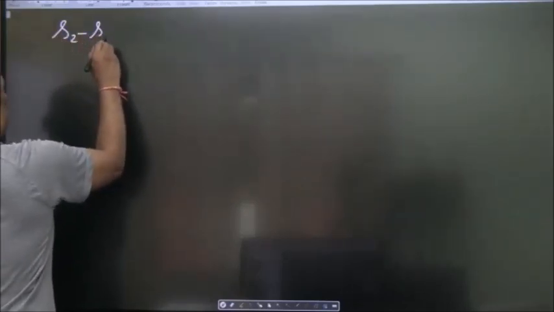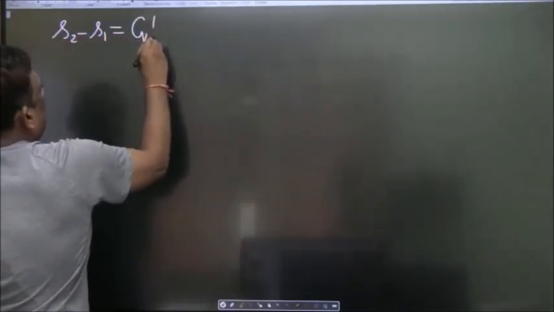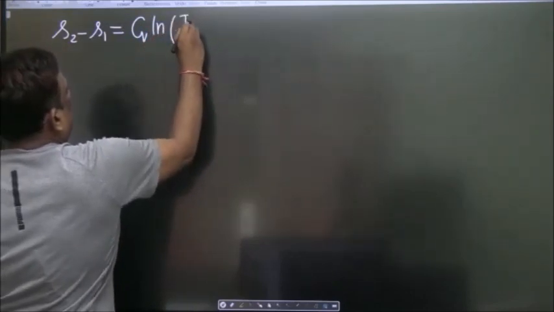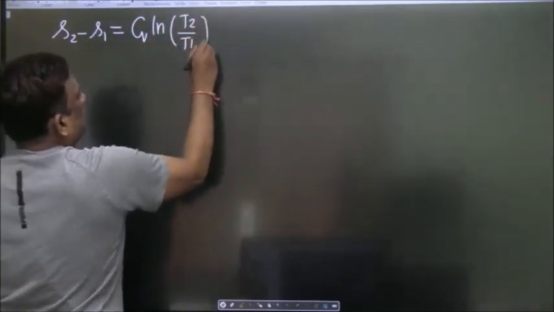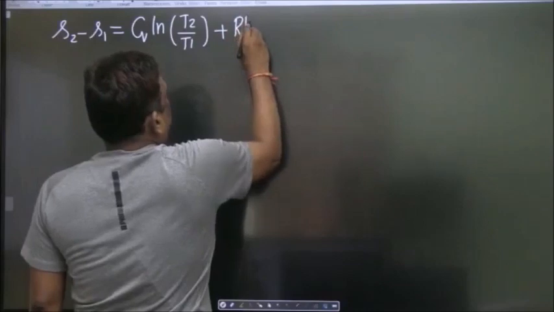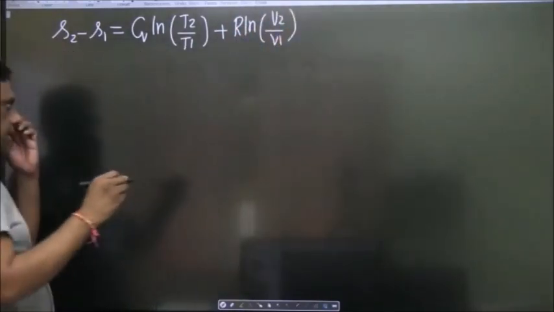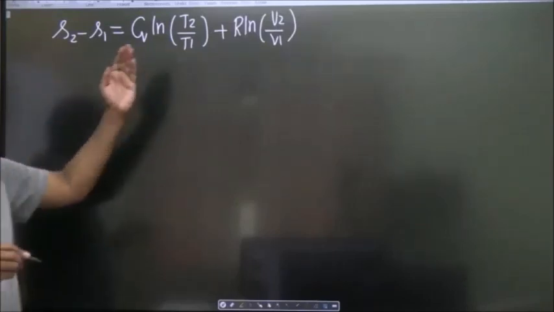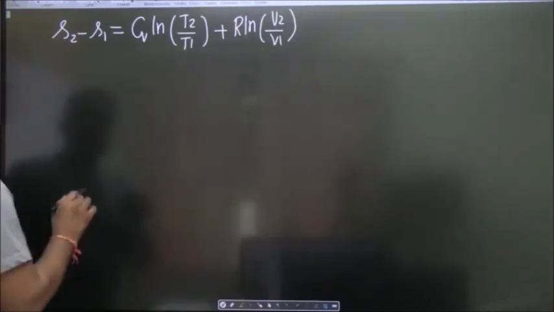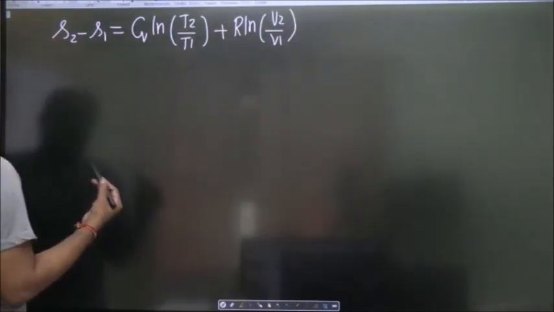Let us take small s2. Look, s2 minus s1 is Cv ln T2 by T1 plus R ln V2 by V1. I gave you this equation just now. Okay, stop. Let me try to write it in a different fashion.